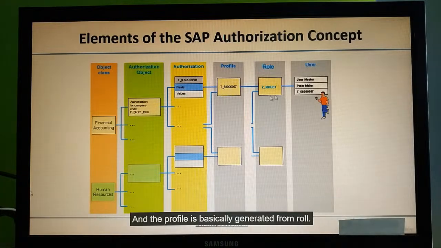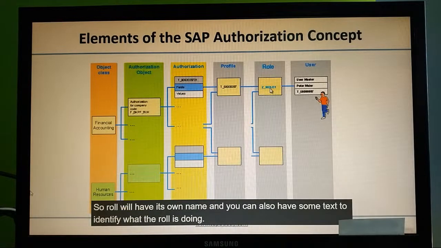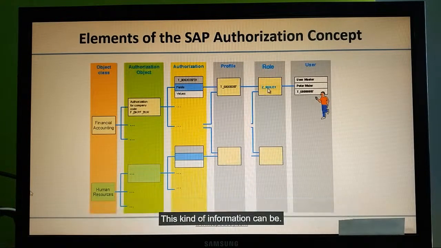The profile is basically generated from the role. What is the difference between role and profile? Role is in general in a readable format. The role will have its own name, and you can also have some text to identify what the role is doing. This kind of information can be there in the role. The profile is basically the technical objects coming from the role.